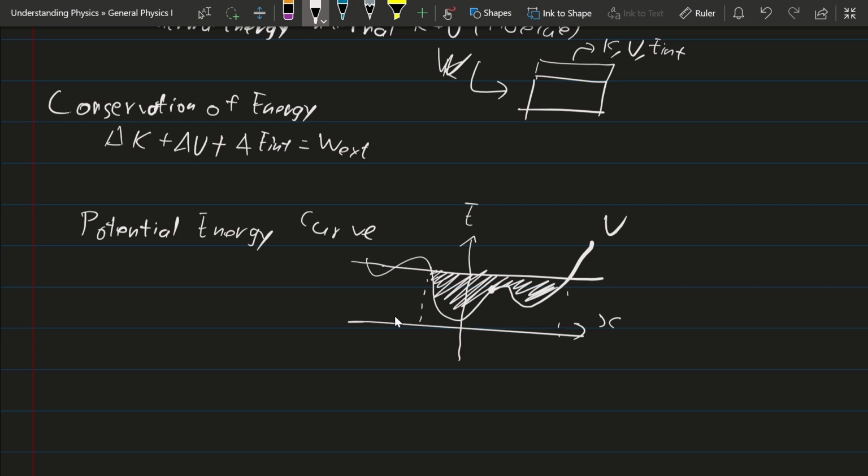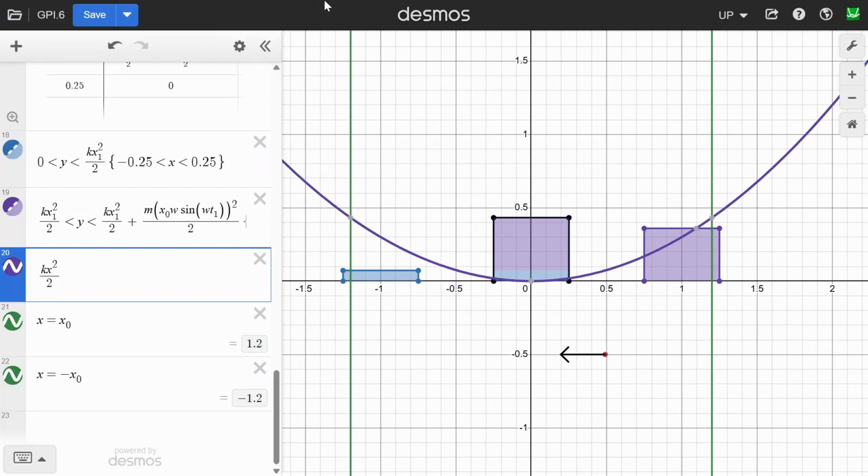So we will use the same example as yesterday, but I want to emphasize more on the conservation of energy. Here I have the same simulation as yesterday, but I also introduce some new lines, which are the boundary of the system.